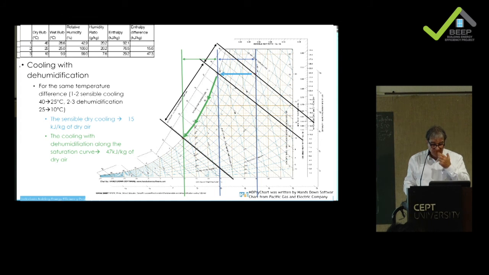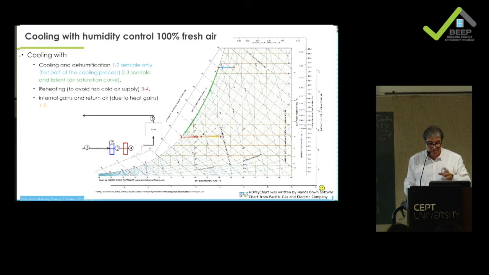So now I show you the principle of the cooling on a more realistic climate. So here it is just typical things of Chennai. So if we take this point somewhere, and if we say now we are going to cool with an AHU with 100% fresh air, this is another thing which is also an issue.